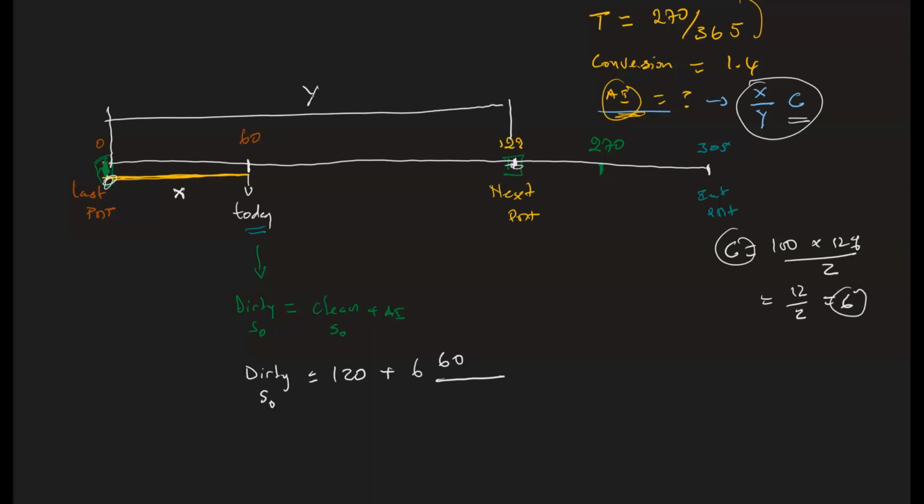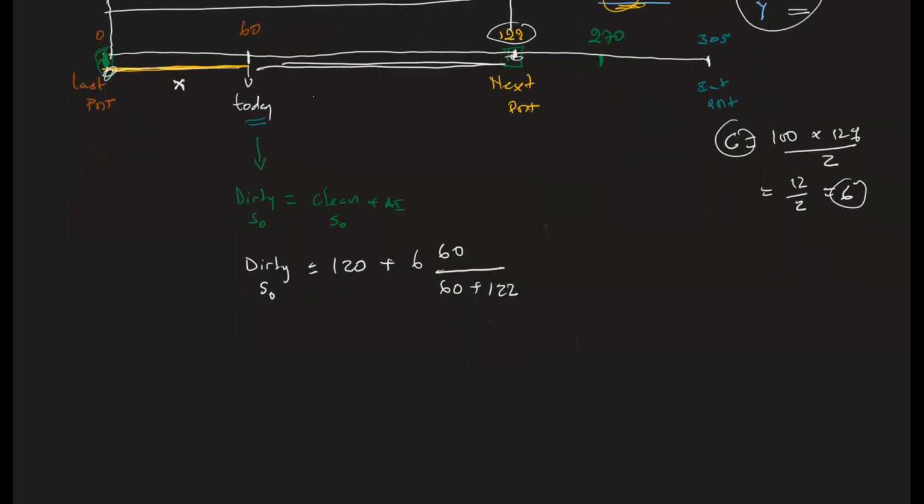The next payment is going to be 122 days from today, and the last payment was 60 days ago. So we're going to do 60 plus 122. And that gives us our dirty spot price.